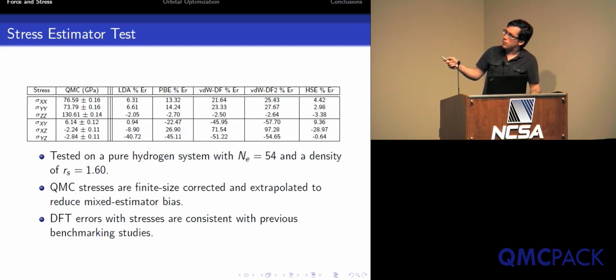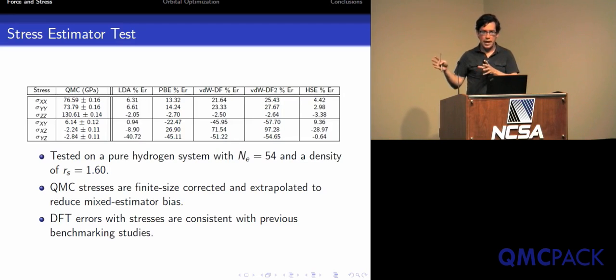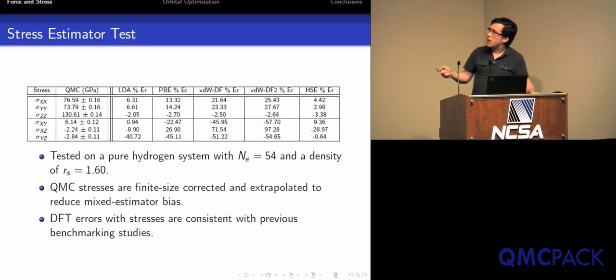This was taken on a liquid snapshot of hydrogen with about 54 atoms, at about 100-ish GPa. What you'll notice is that some of these functionals do pretty well. LDA and HSE are obviously really good for these, whereas some of the other ones aren't. Fortunately, it's a consistent picture with what we got before, but it's just a lot more information.